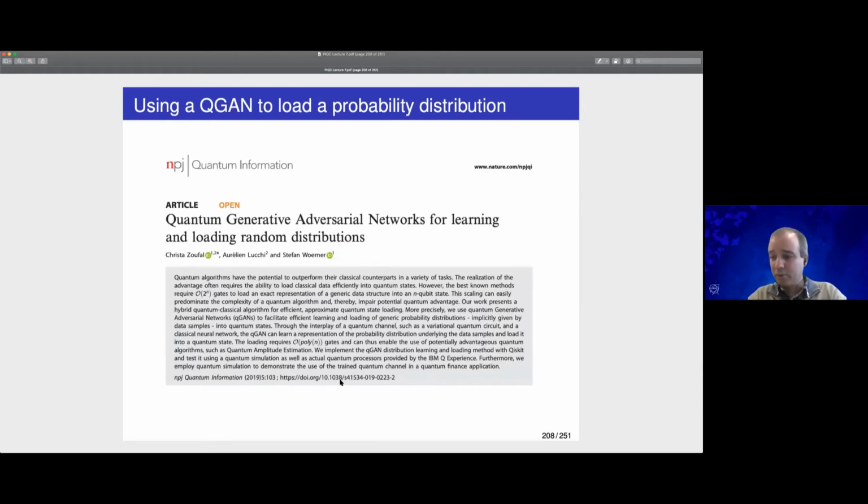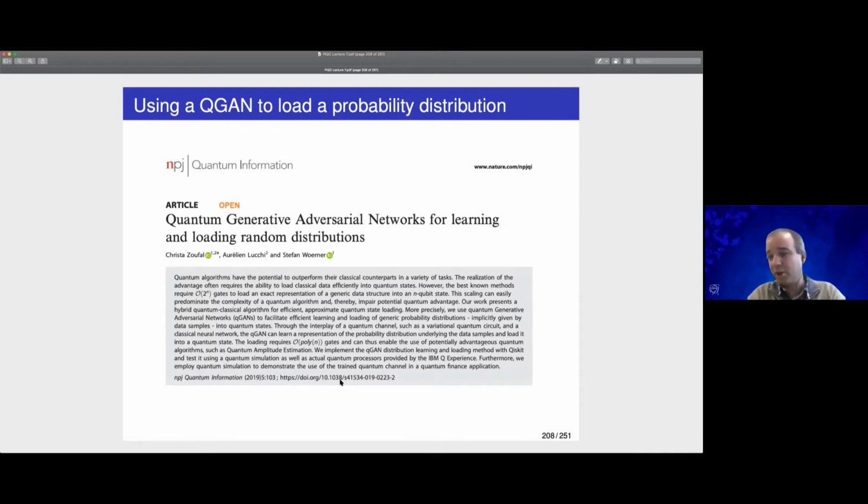And what I'm going to show as an example with a notebook is one of these proposals that was published by researchers at IBM, in which they use this quantum version of the generative adversarial networks to learn a random distribution.